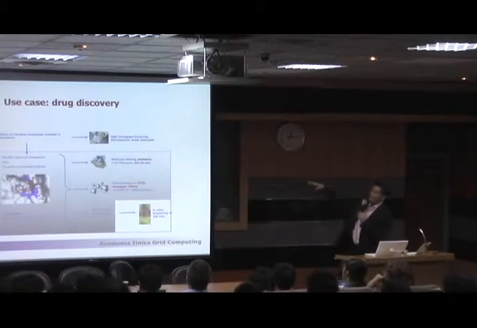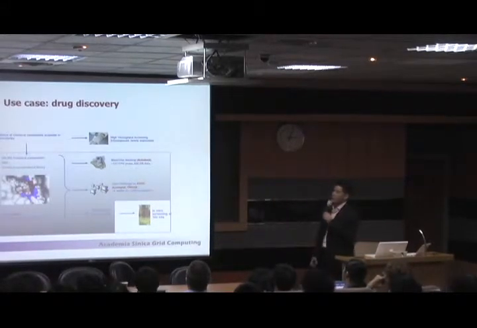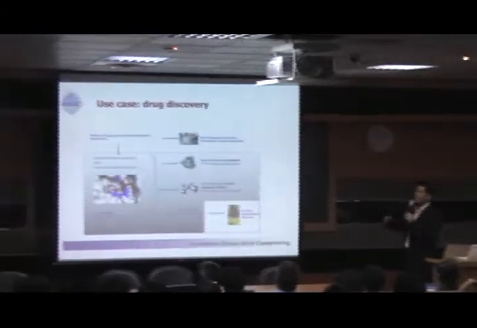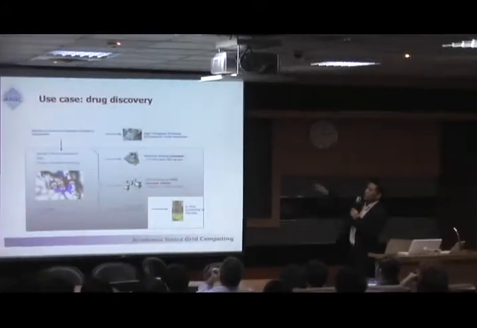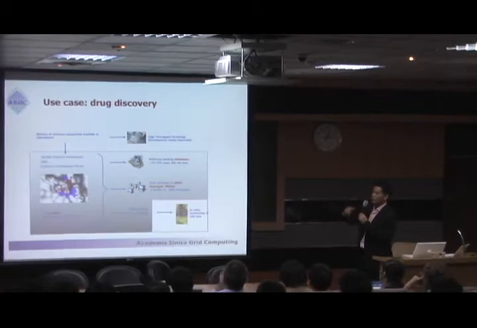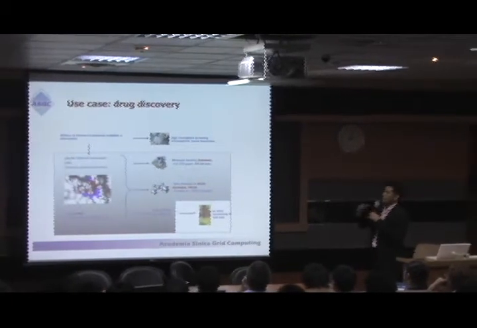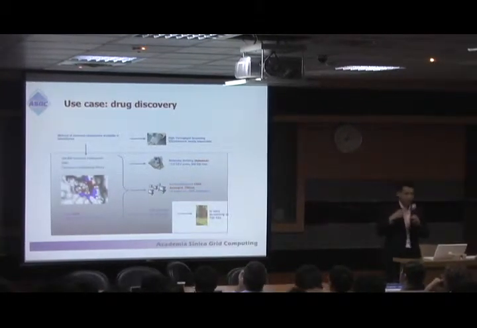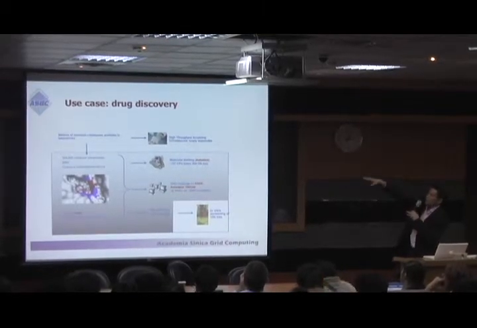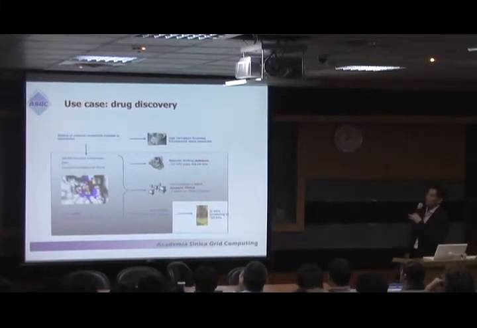They take all this data, take the target virus, and put them into a high throughput machine to see if there are binding affinities or binding efficiencies between those compounds and the disease target.